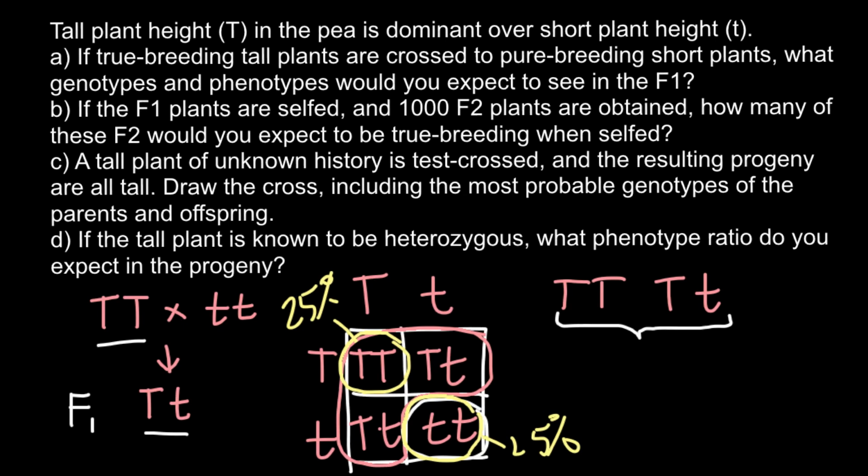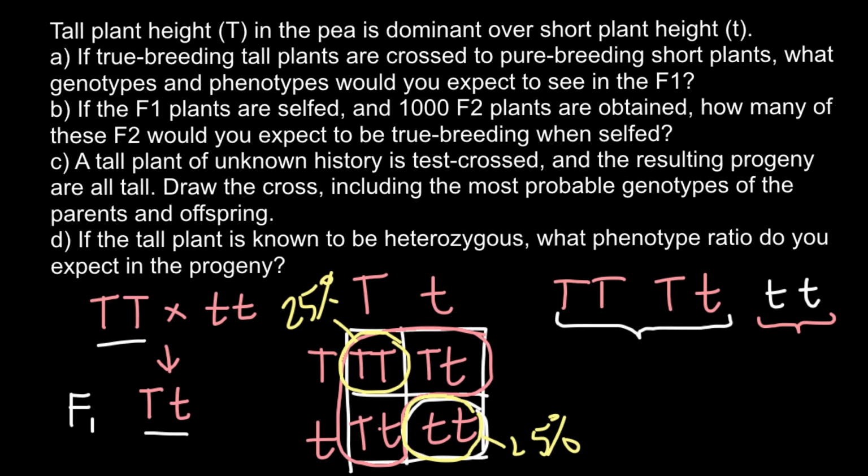And now compare genotype small t small t. When we take a short plant, we know for sure its genotype. But when we take a tall plant, we are not sure whether this plant is homozygous dominant or heterozygous, whether it is true breeding or not true breeding.